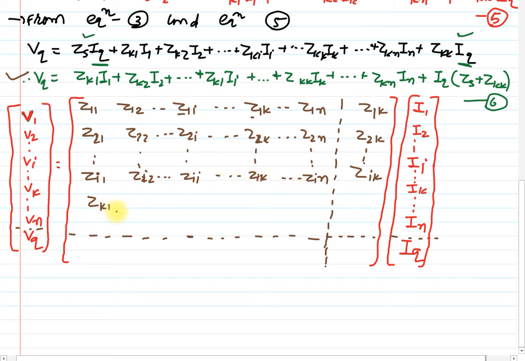Write down for the kth element. It is Zk1, Zk2, Zki, Zkk, and Zkn. And the last one is Zkk. Clear? Similarly, we have to write for the nth bus, which is Zn1, Zn2, Zni, Znk, and Znn.